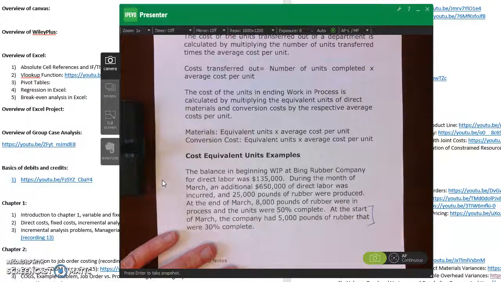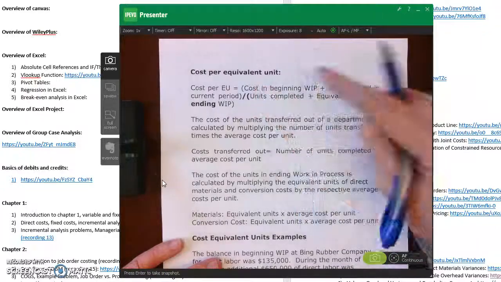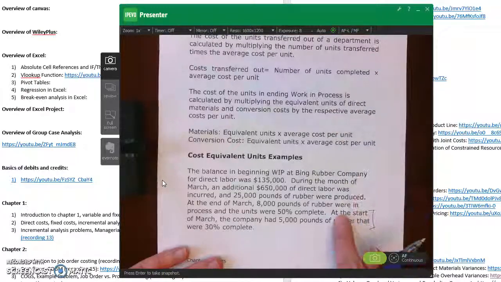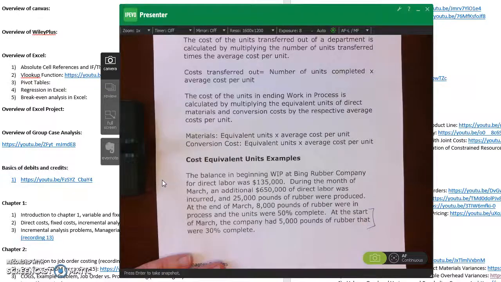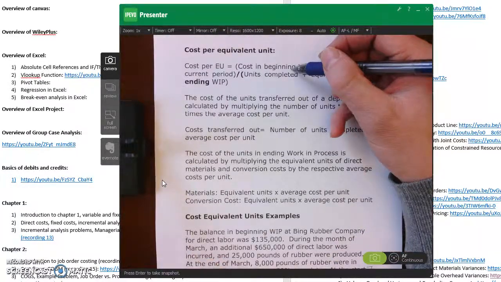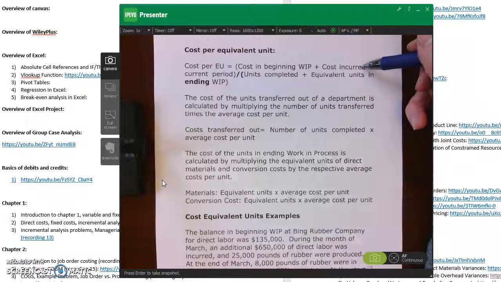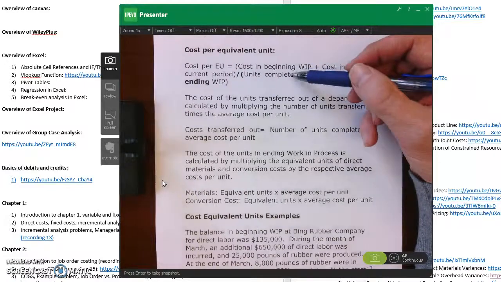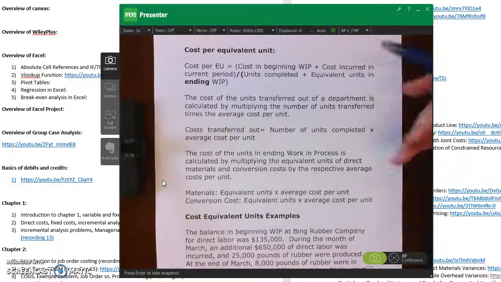Sometimes with these problems, it's easy to get overwhelmed because there's so much information, and you have to let the formula guide you in solving the problem. This last sentence is irrelevant to what we are trying to do, because we just say the cost in beginning WIP plus the cost of materials, labor, or overhead incurred during the current period, divided by the units completed plus the equivalent full units in ending WIP.